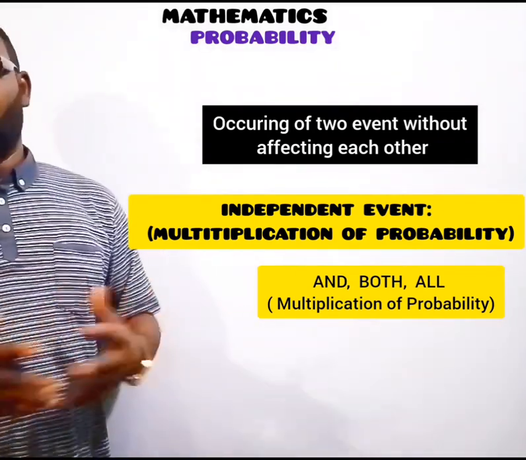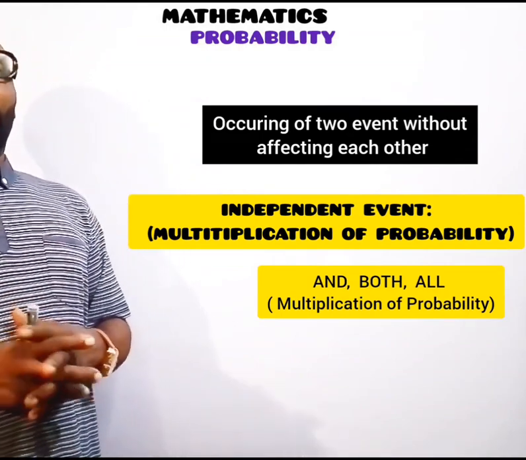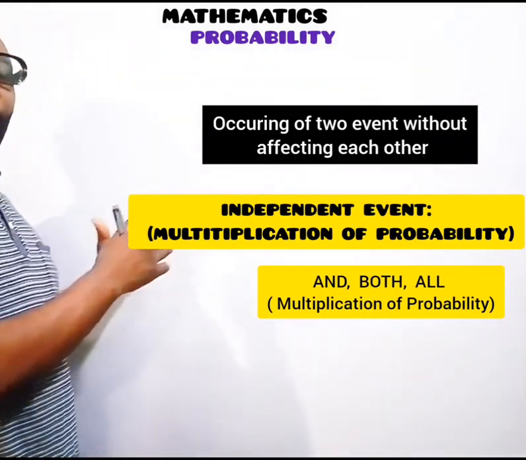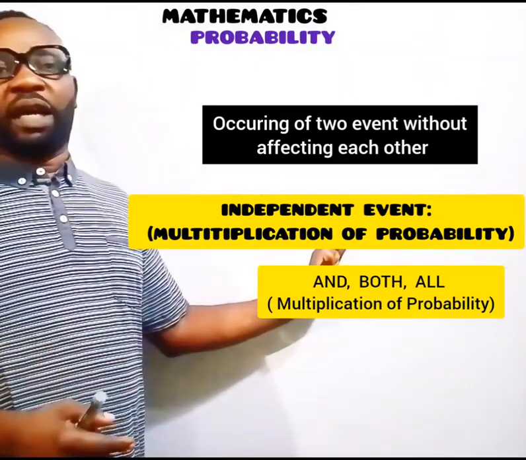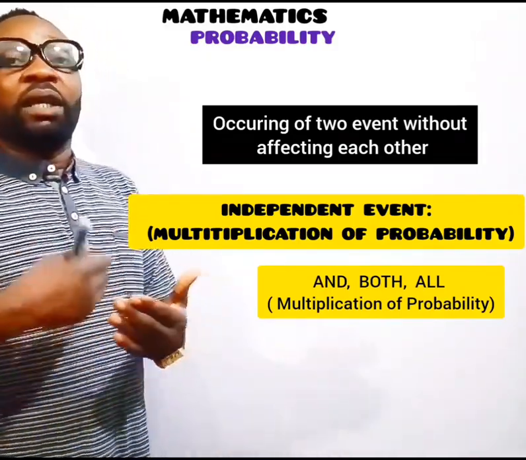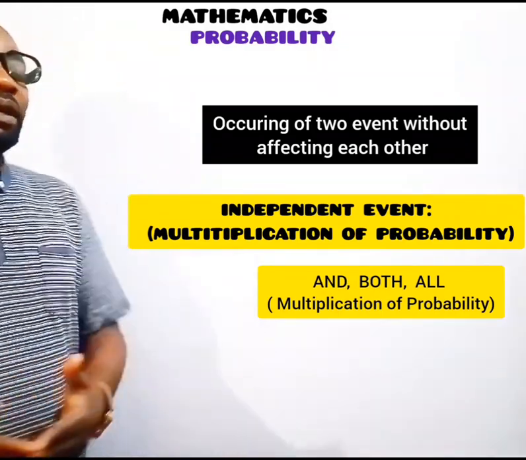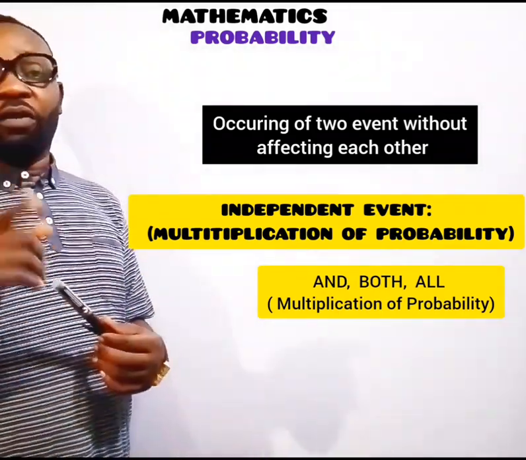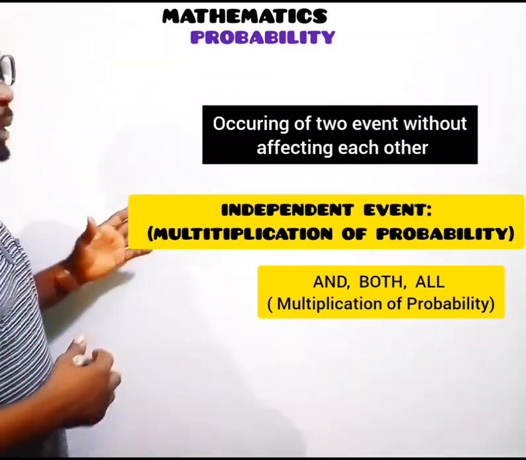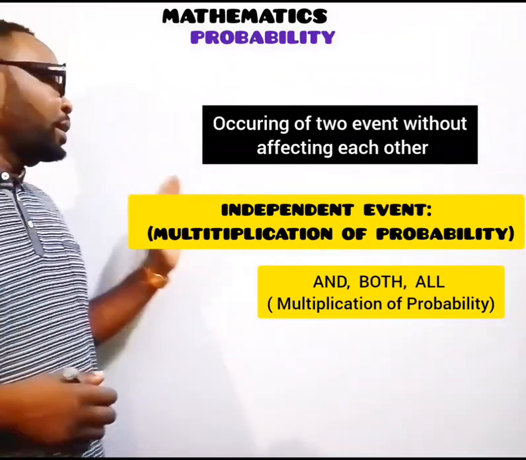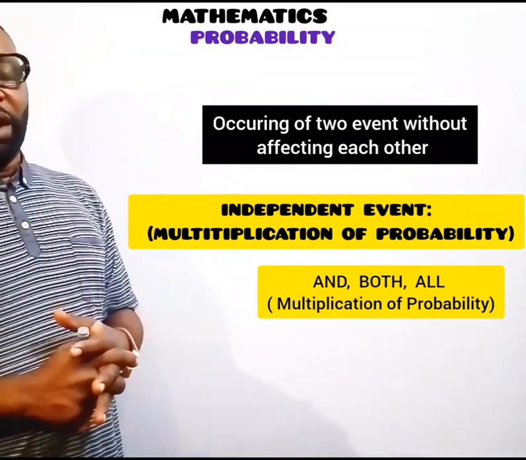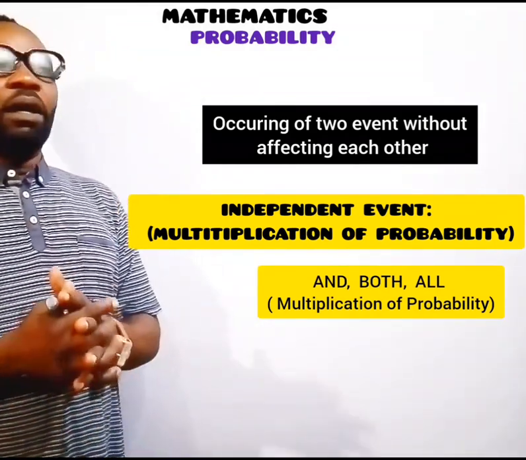Whenever you see the probability of A and B, it means that when you want to translate it, you say A and B and C and D. You are going to make use of multiplication of such probabilities with one another. For instance, if you are talking about the probability of A and B, you will say the probability of A multiplied by B. That is what is meant by independent probability.